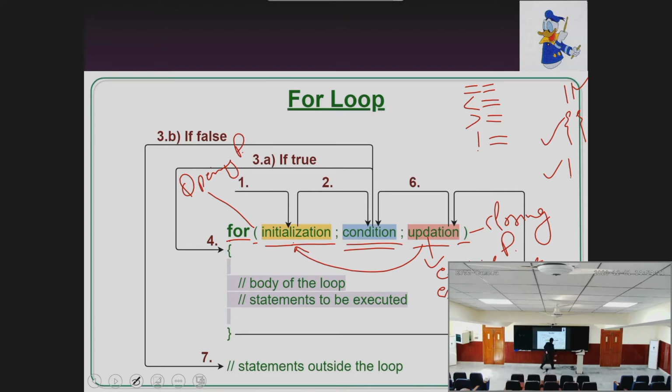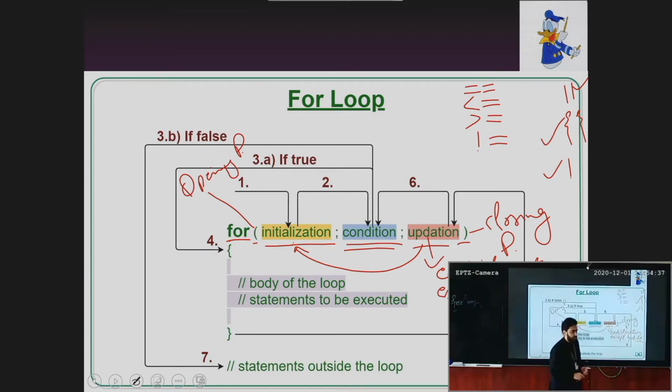Okay, this is iteration I. So updation will be performed and executed in all iterations, even in the last iteration when the condition will become false. But this updation will not be performed in the first iteration.